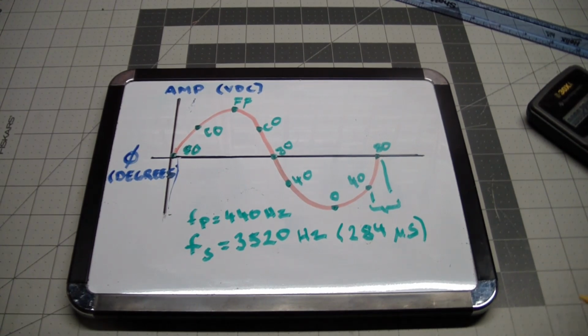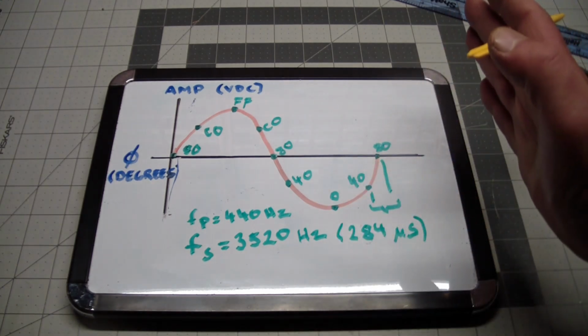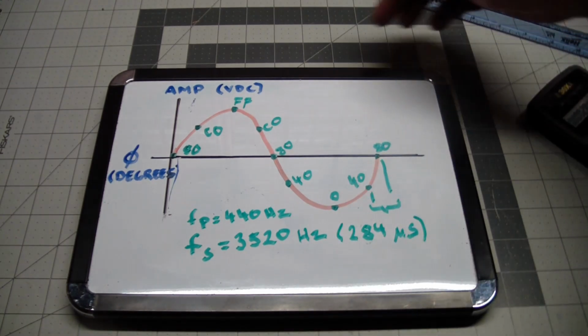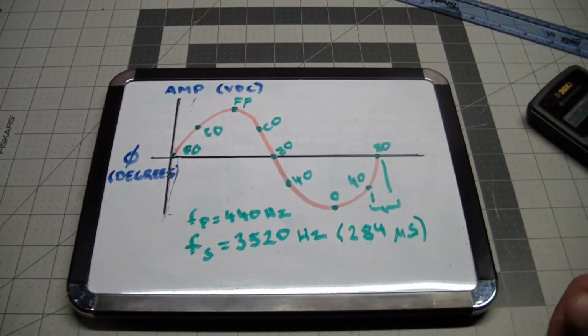Now, if we increase the sample frequency, this whole thing, this sine wave, will be compressed this way. And what that results in is a higher pitch.